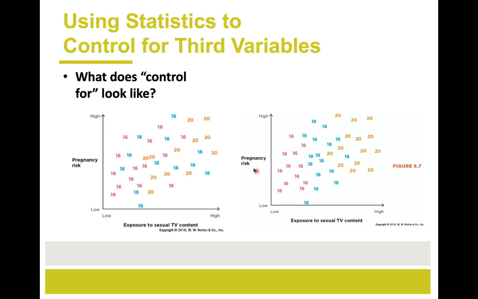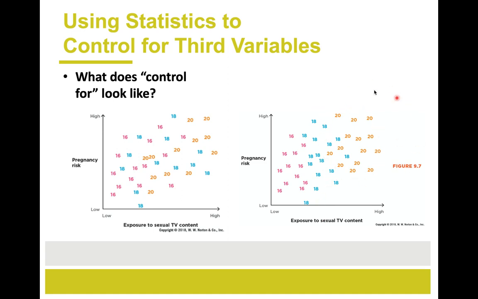16-year-olds have lower risk of pregnancy, and they also happen to have lower exposure to sexual content on TV. 18-year-olds have a moderate amount of risk of pregnancy. They're on average higher than the 16-year-olds, and they have a moderate amount of exposure to sexual content. They're further to the right than the 16-year-olds.